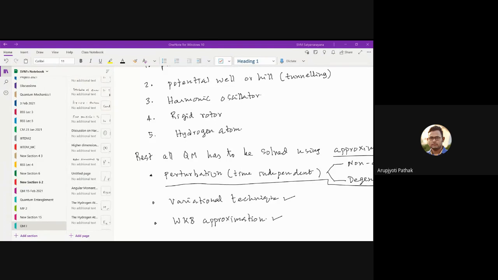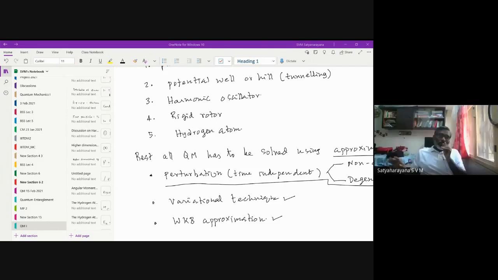Why did I say that? Because once I consider only spin, the rest of the space is not important for me. I will only look at the Hilbert space corresponding to the spin degree of freedom. In the same way, if I consider only angular momentum as my concern, then the Hilbert space of interest will be only a 2j plus 1 dimensional Hilbert space, right?